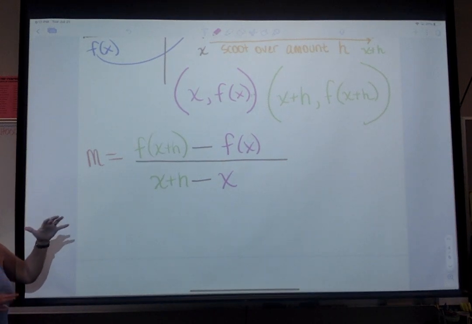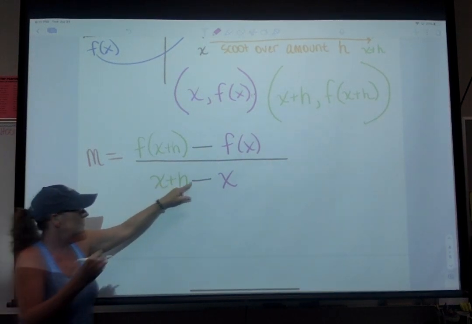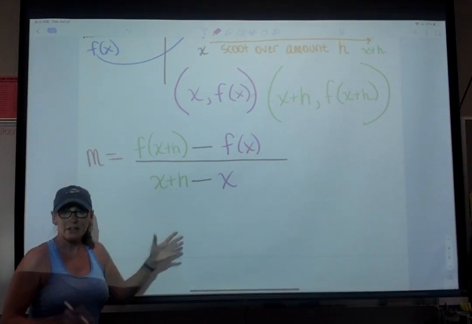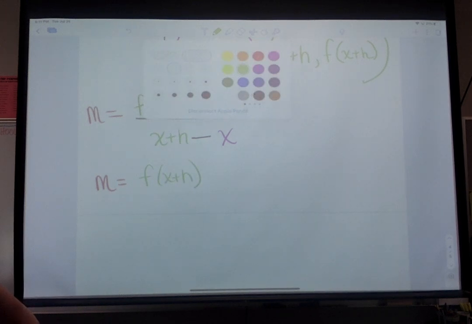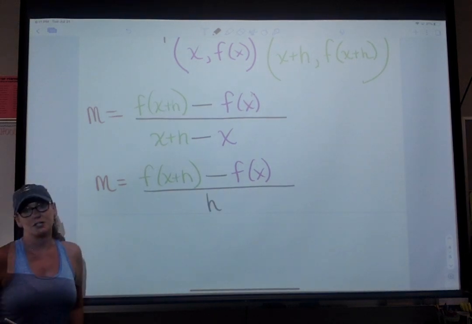Okay, there's not a whole lot that can be done here except something plus h minus something. X plus h minus x. Well, wouldn't the x's cancel out if you collected like terms? So we're left with slope, average rate of change, equals that minus that over, all that's left is h.